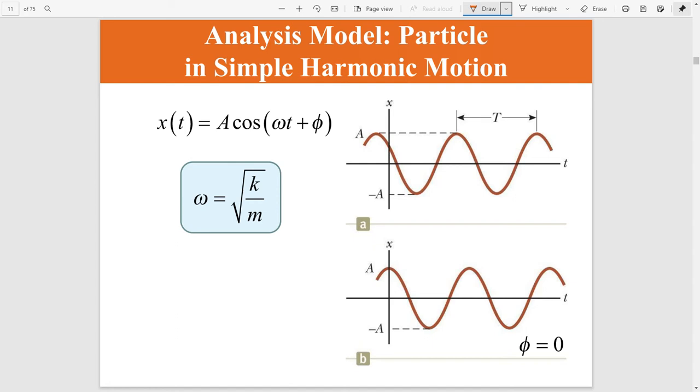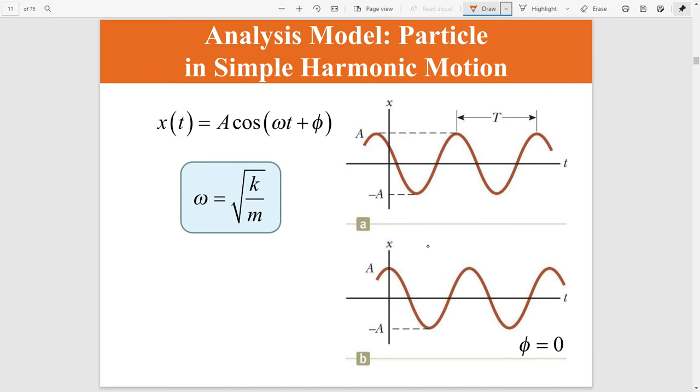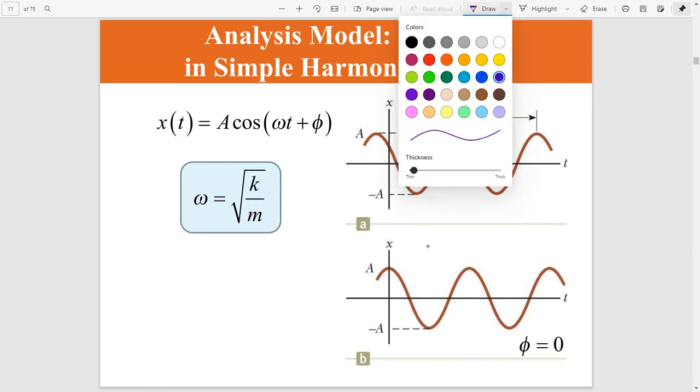So it's great to use for the position of a spring block system because the spring block system only goes from an amplitude of A all the way to -A. The term omega is in fact the angular frequency, and the phi term is the phase shift. So let me note that for you.